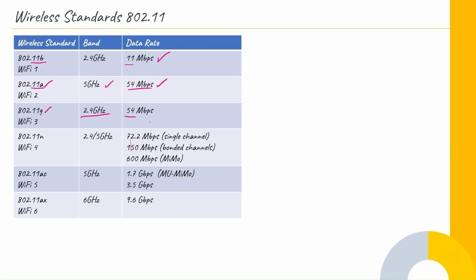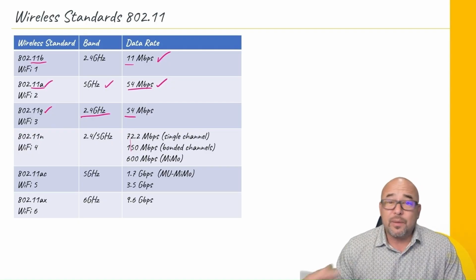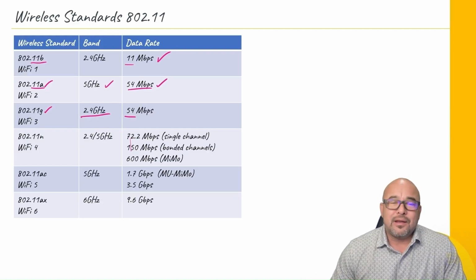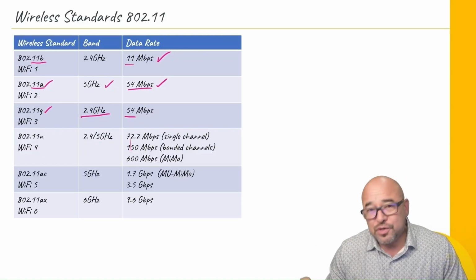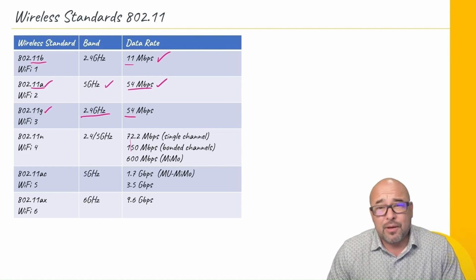This also matched the speed of 54 megabits per second, but it still used that 2.4 gigahertz range. Now, because of compatibility issues, there were starting to be some problems, because some laptops had an 802.11a card and some had an 802.11b card. One was 2.4 gigahertz, one was 5 gigahertz, and we had problems with compatibility.